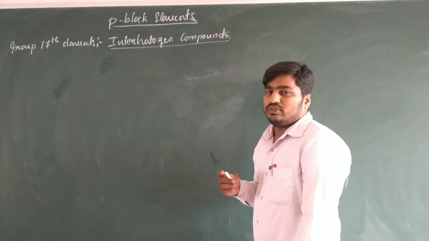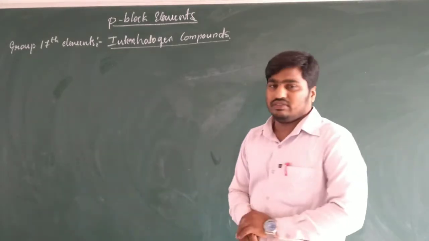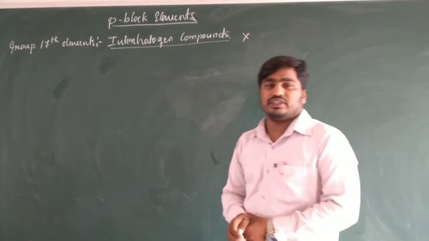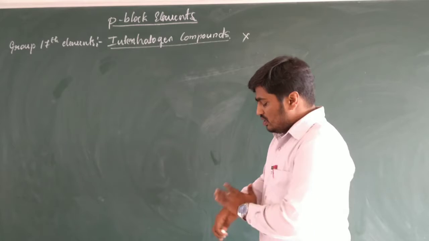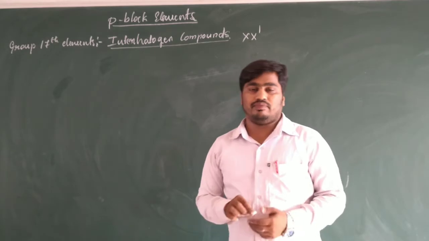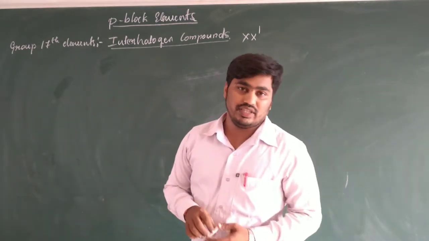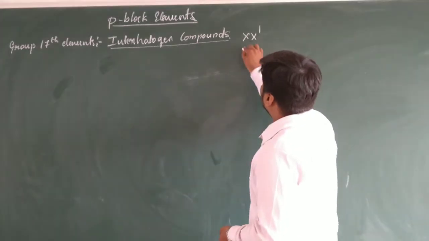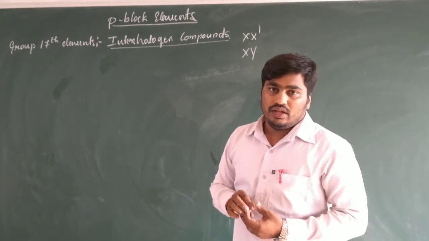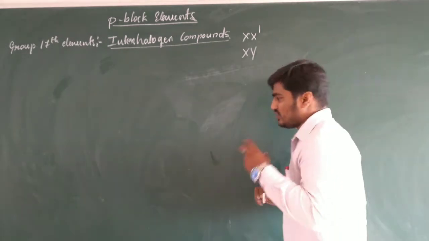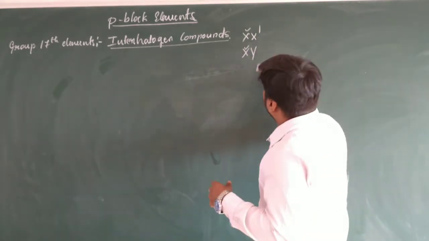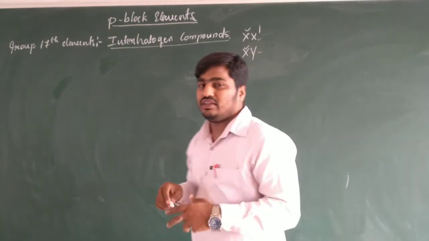The interhalogen compounds are commonly represented with the halogen denoted by the notation X. Correct? Halogens are represented using the notation X. X, X dash. This is one type of symbolic representation as per your NCERT, or in other books it is also represented in terms of X, Y. The first X represents one type of halogen, and X dash or Y represents another type of halogen.